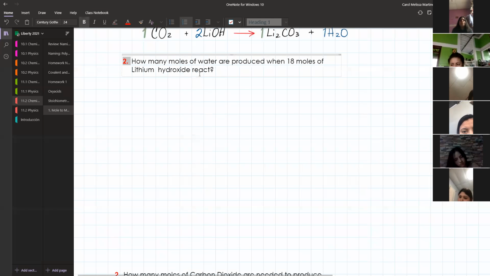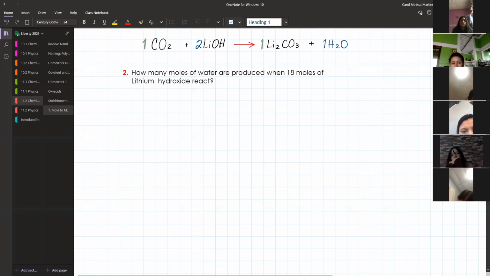Okay, sorry. So now again, with the same problem, since we are talking about the same reaction, we're gonna have the same equation, okay? The second question says, how many moles of water are produced when 18 moles of lithium hydroxide react? What is the fraction of the sentence that is telling me about the given?